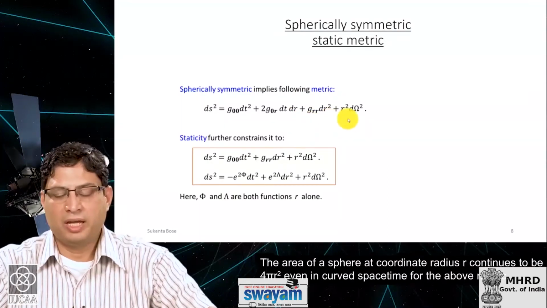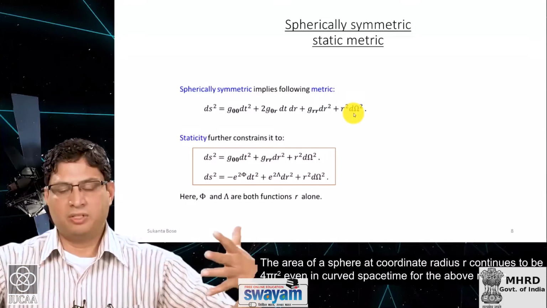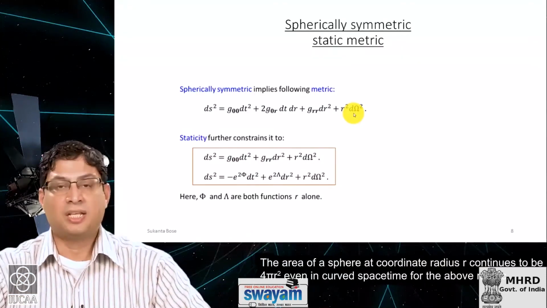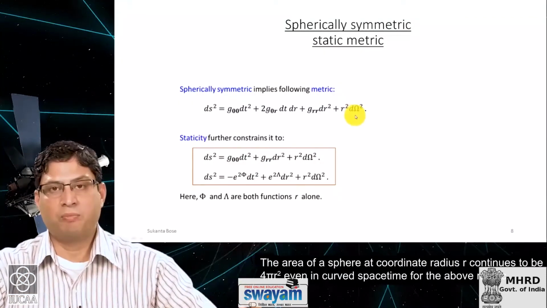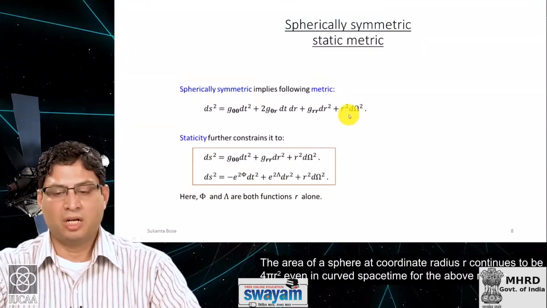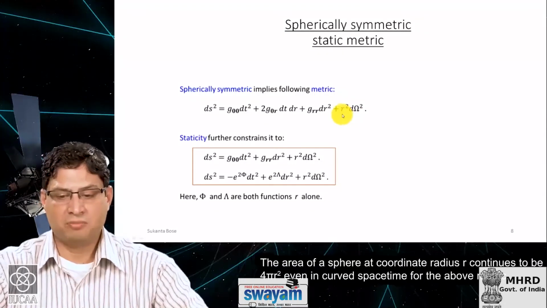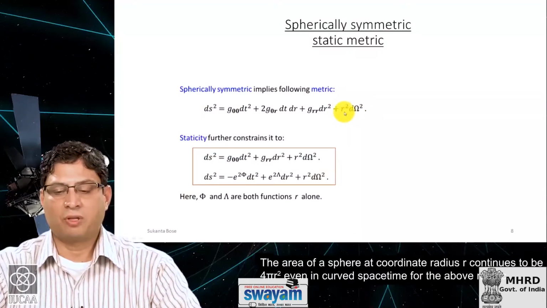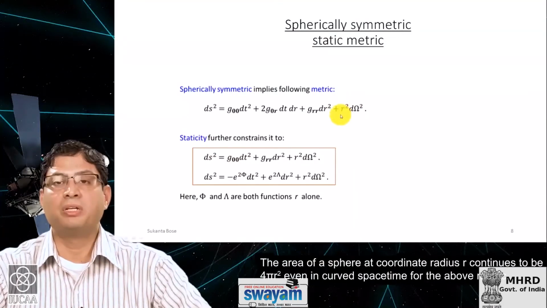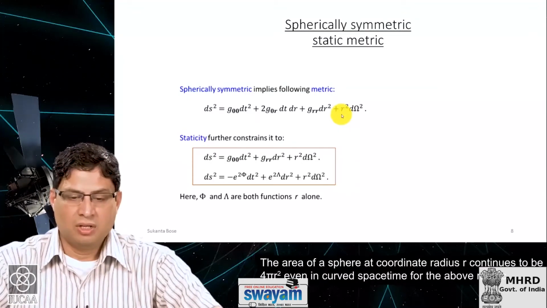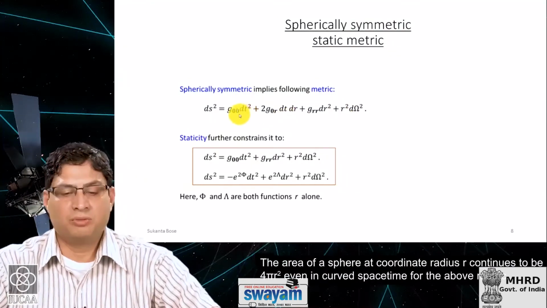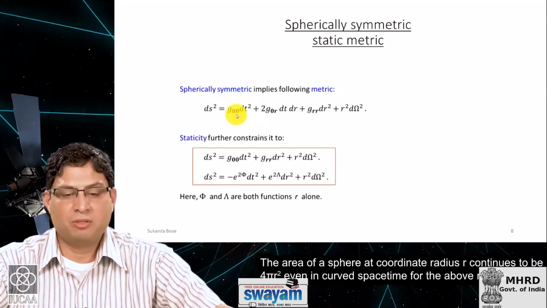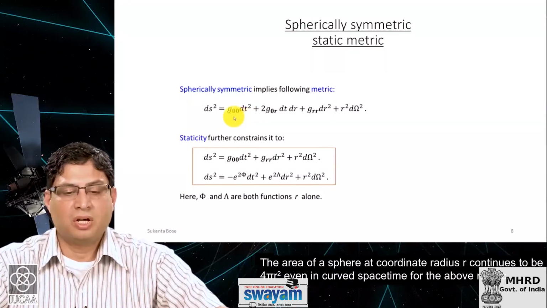Oh, by the way, the surface area of each of these concentric spheres has to be 4πr² in flat space-time. So that tells you that the coefficient here for dΩ² should be r².